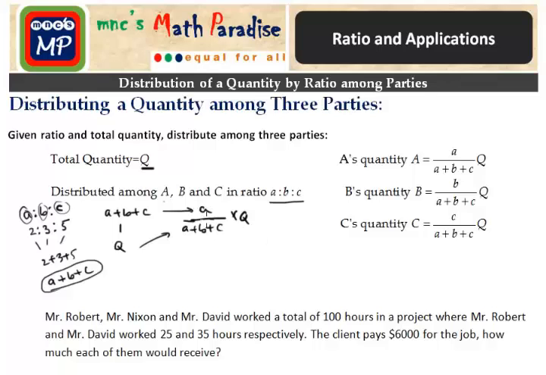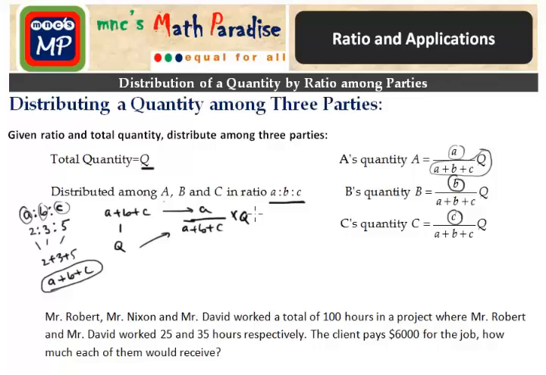So A's quantity, if the total quantity and ratio are given, will be a divided by (a plus b plus c), times Q. That is, the total quantity will be divided by the summation of these three ratios, and for A's quantity it will be multiplied by a. Similarly for B's quantity, among a plus b plus c it will be b. Same thing, just b will be multiplied, and c will be multiplied.